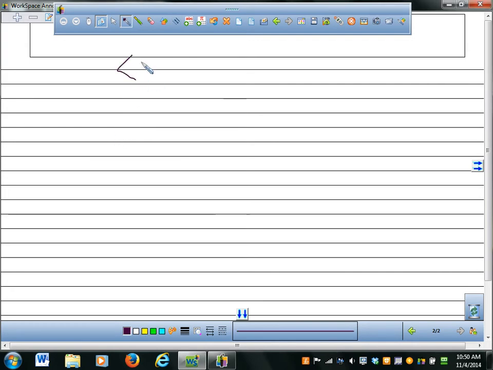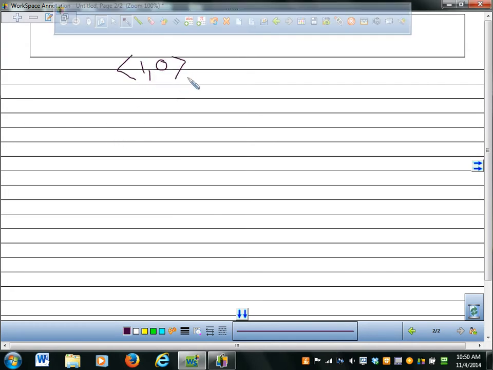So the vectors 1, 0 and 0, 1 are called, or we will see in a minute, 1, 0 is equal to i. And some of you are taking physics, right? Okay. 0, 1 is equal to j.